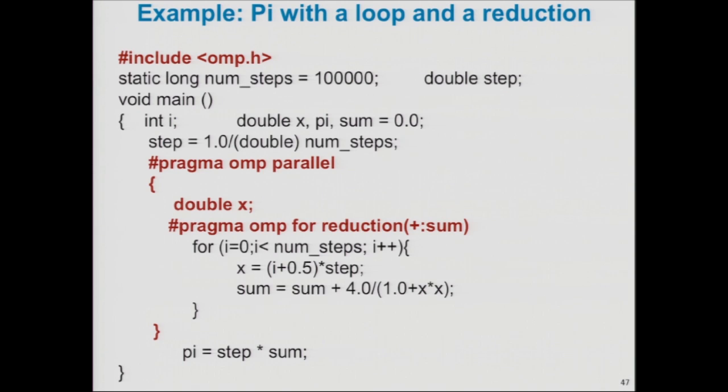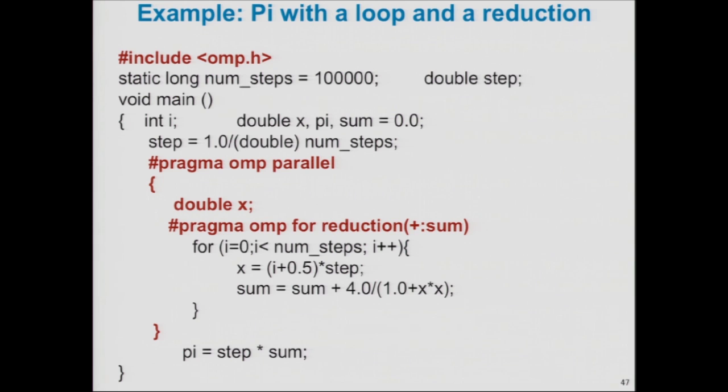So for the Pi program, we still have to include omp.h, all right? We still have to create our parallel regions. Now we want to have x in here, and we still want x to be a private variable so we can access it without having to use synchronization over it.